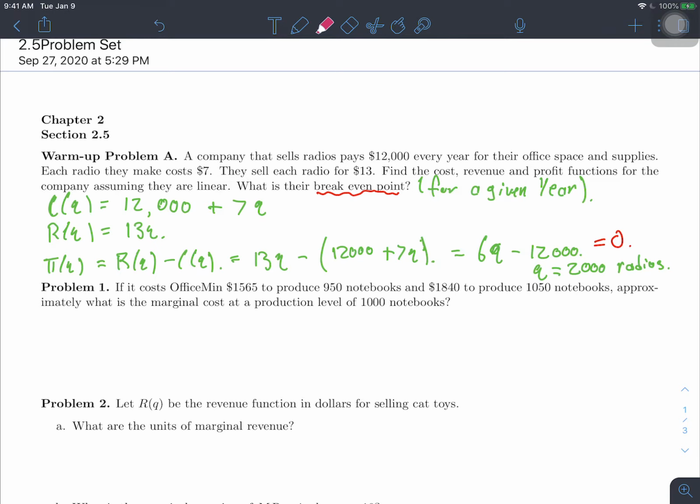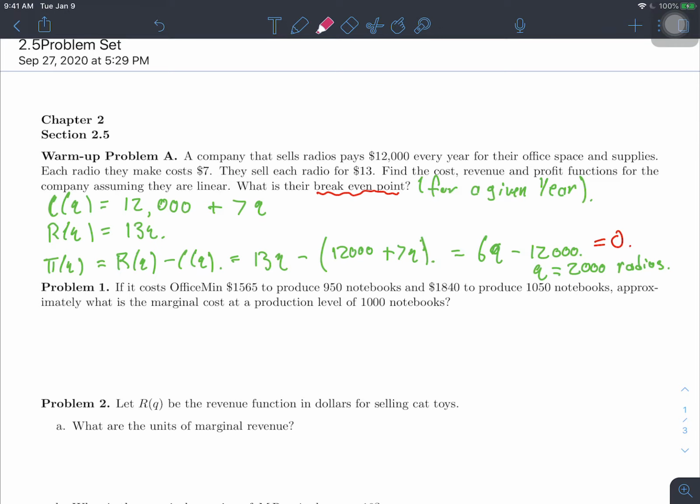Well, the warm-up problem is leading us into what we're doing today. We're going to talk about section 2.5, which is all about marginal cost and marginal revenue. You may be thinking, we already talked about marginal cost and marginal revenue, and that's true. We talked about them for linear cost and revenue functions.